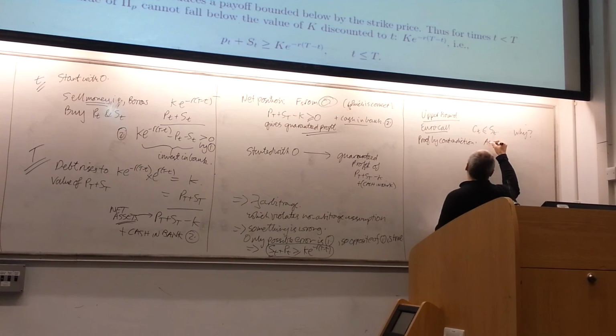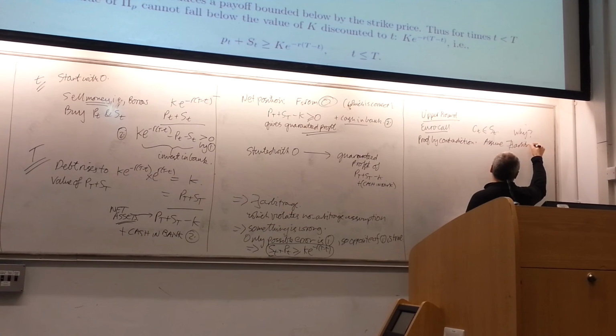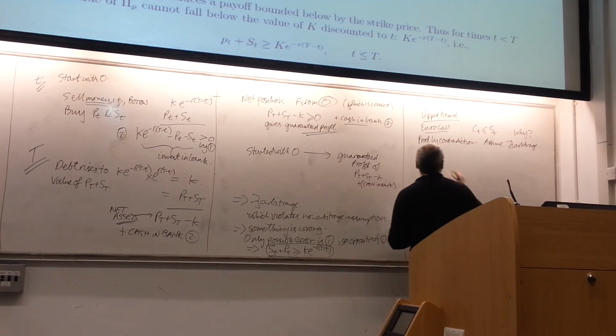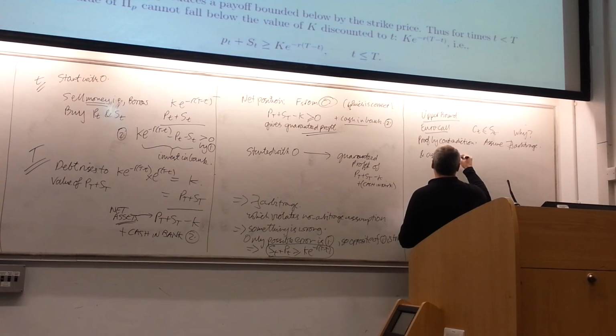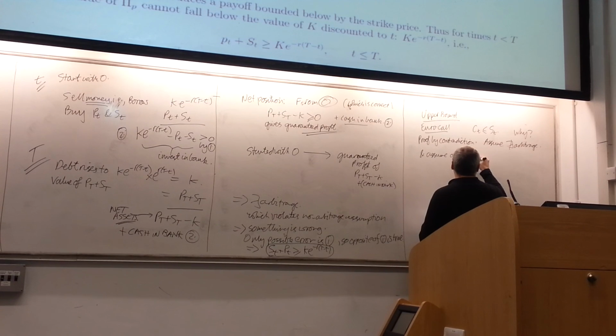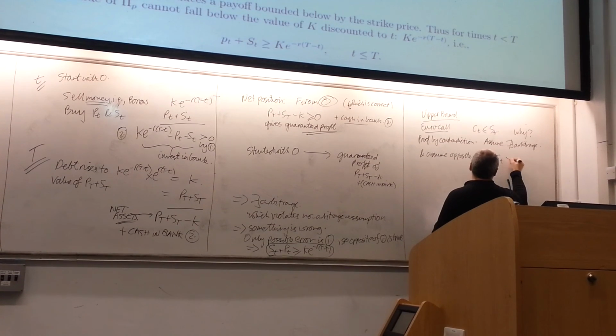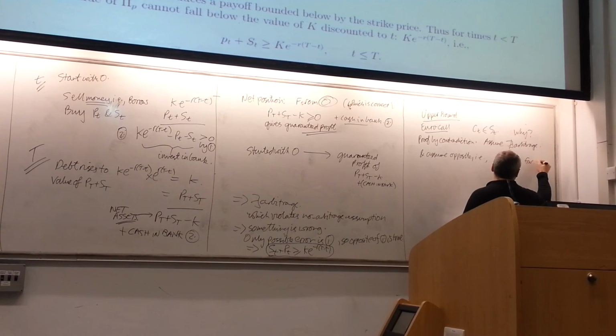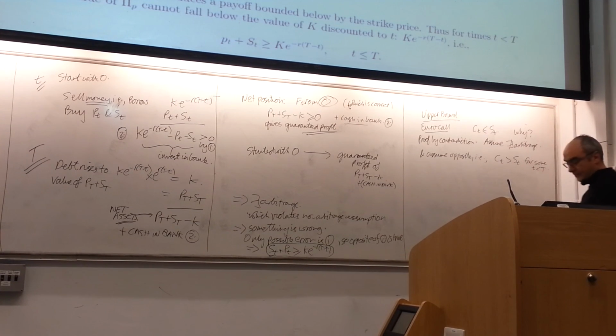So assume there does not exist arbitrage. Okay, and assume the opposite, i.e., Ct is greater than St for some t less than T. Okay.